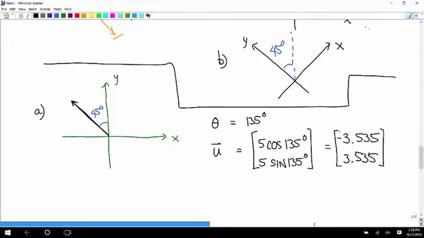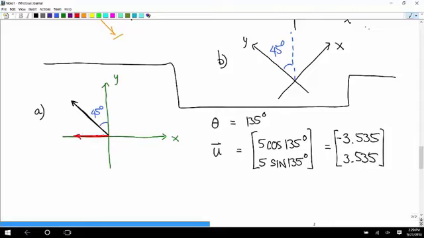And what that says is, that's the x and the y component. So that says to get from the tail of the vector to the head of the vector, you first go along the x-axis, along the negative says you go along in the negative direction. You go a distance of 3.535 along the negative x, and then you're there.